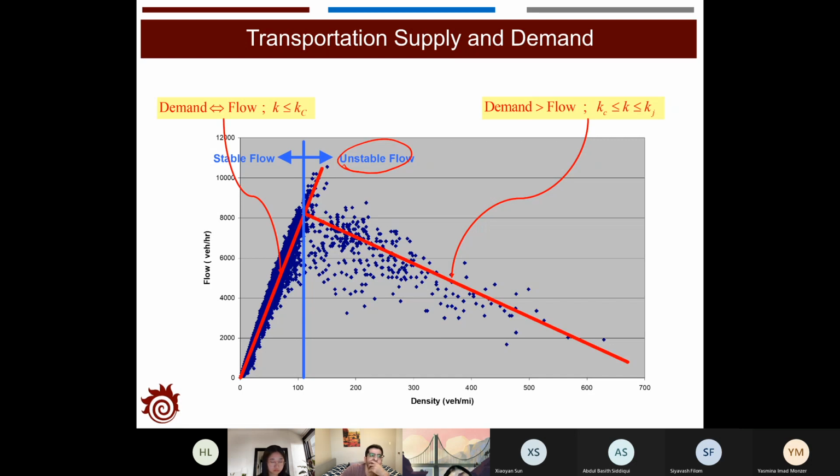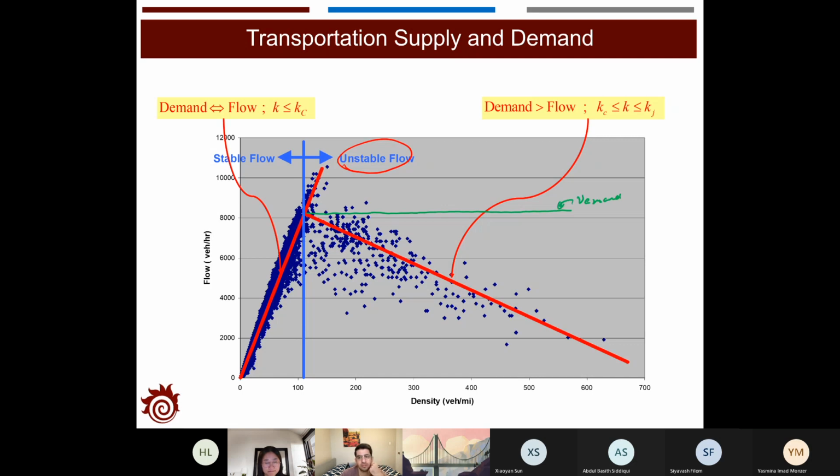In a general case, we assume that for the traffic flow models, the demand in the congested case will be the capacity of the road.